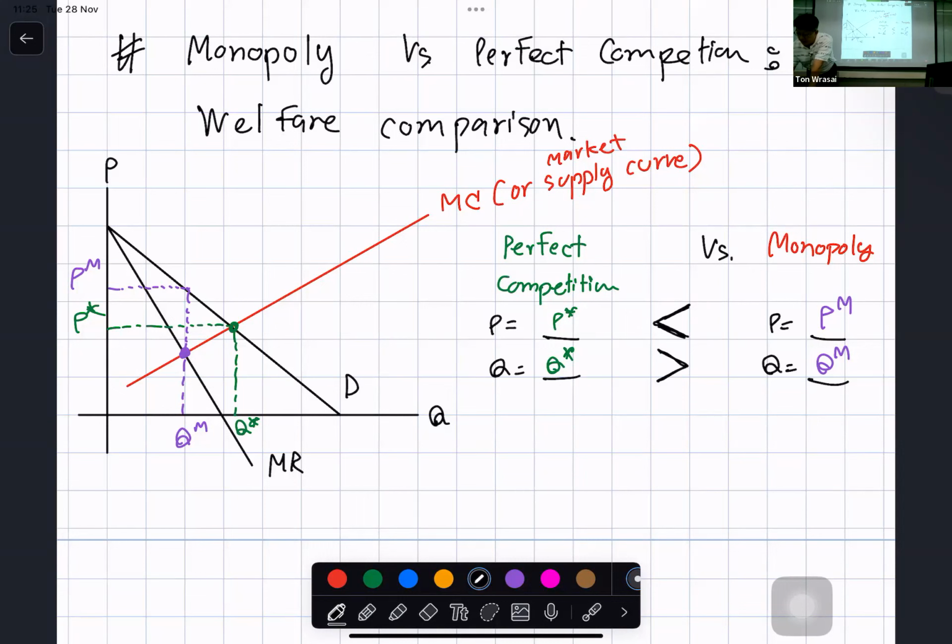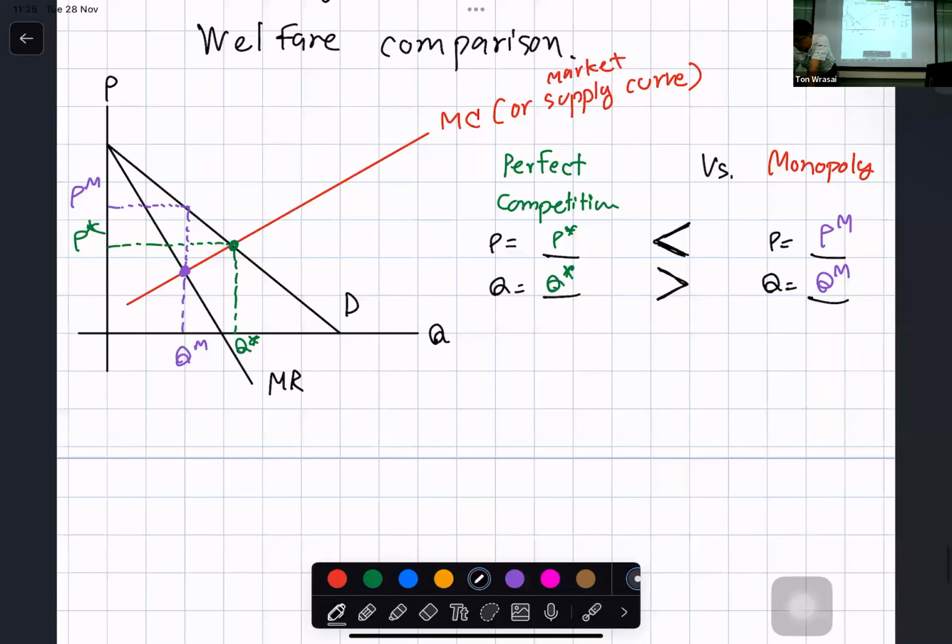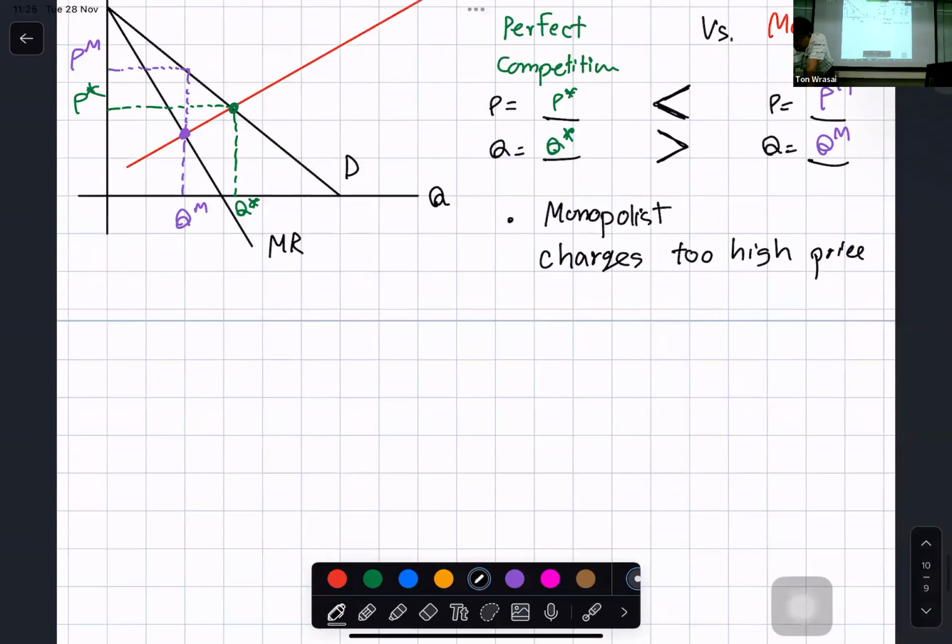So when we compare price and quantity, we get a finding: monopolists charge too high a price compared with the perfect competition scenario, and not only that, they produce too little output, QM only.